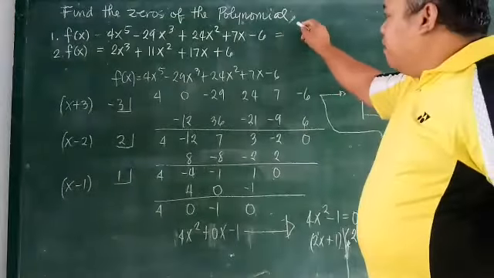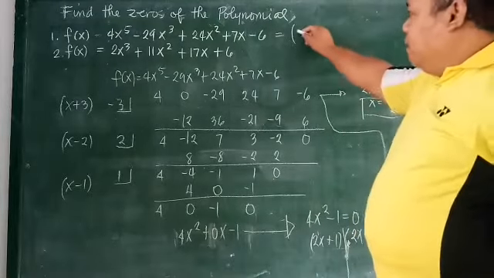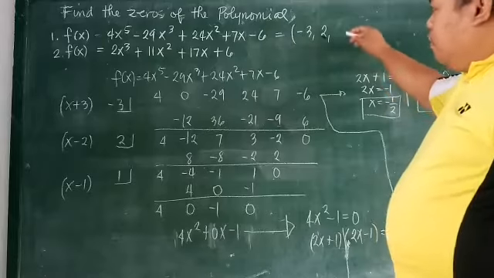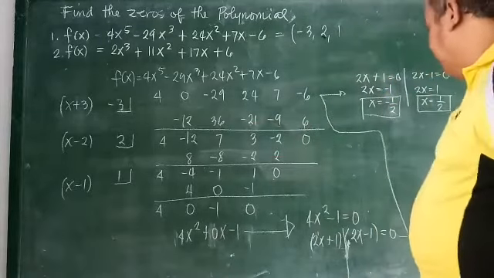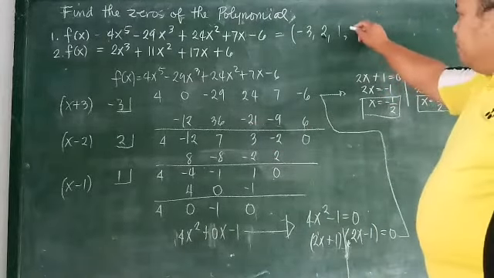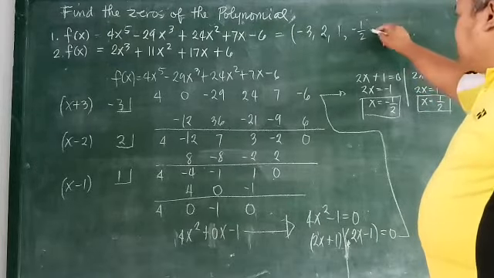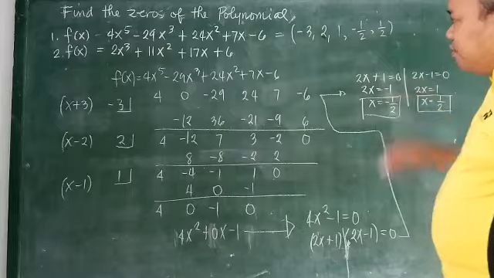Okay, now, what are the roots of this equation? The roots here are the following: negative 3, 2, 1. Ayan o, nakita natin. Then, negative 1 half and positive 1 half. What about the factors?